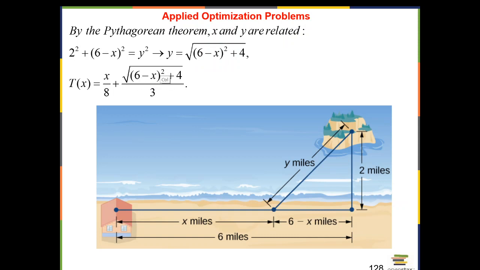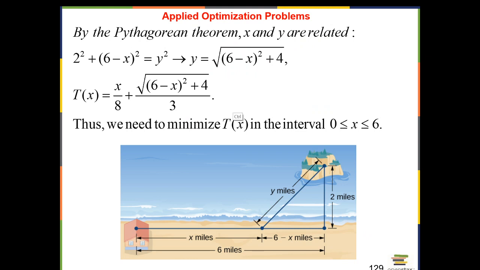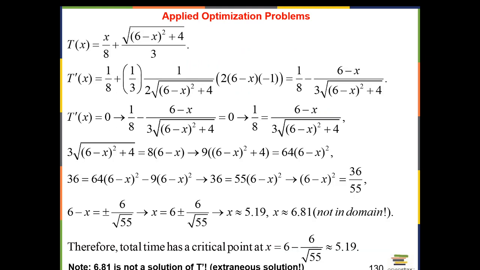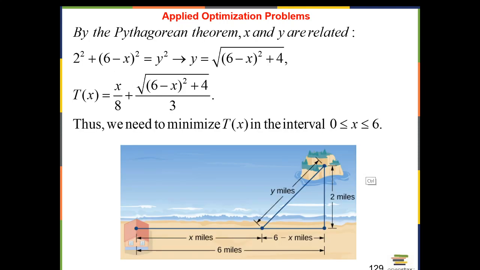And we put it in our objective function. This is it. This is our objective function, which has to be minimized. So we are going to take the derivative of this. And we did that already. So x can be 0, right? If x is 0, that means y goes all the way from this point to that point.